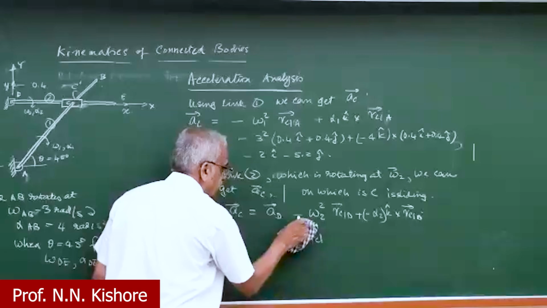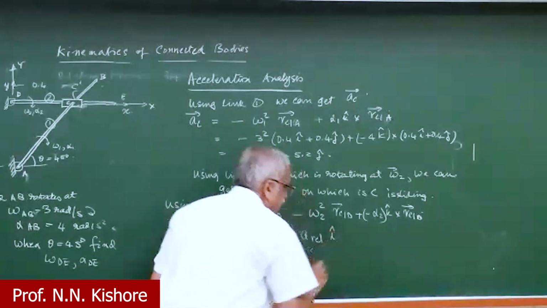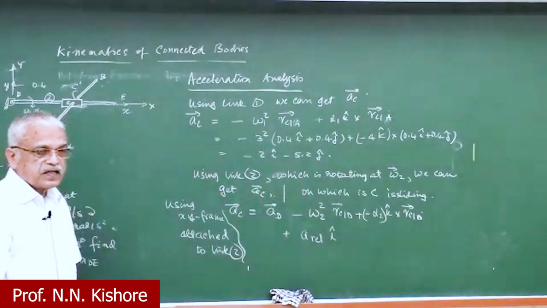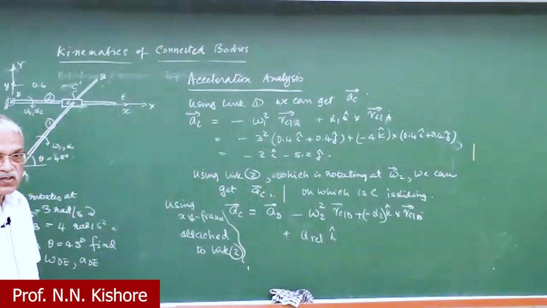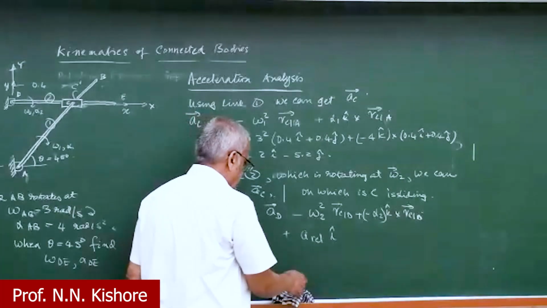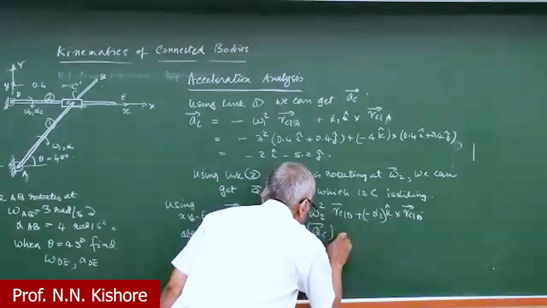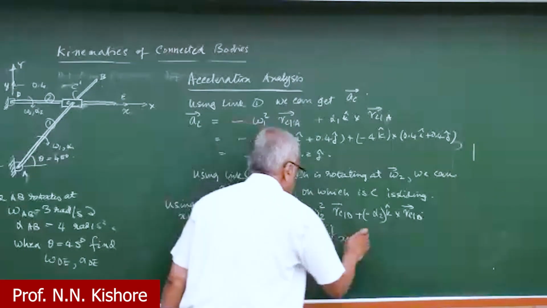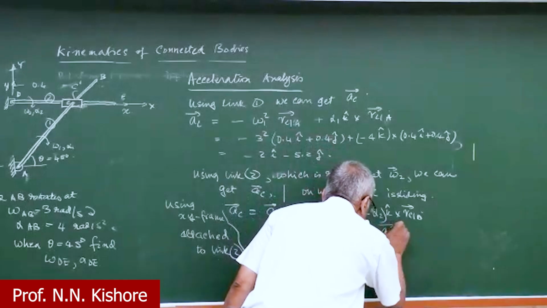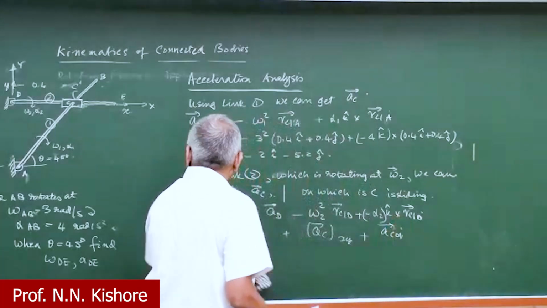Okay, so this relative acceleration, if you want, I'll put it as a rel I. Okay, so this is a relative acceleration point. What is relative acceleration? It is the acceleration of C with respect to xy. So if you want, I can write it as C with respect to xy. And what else? We also have another term, which is the Coriolis part.